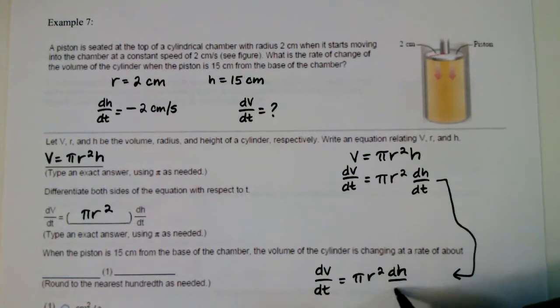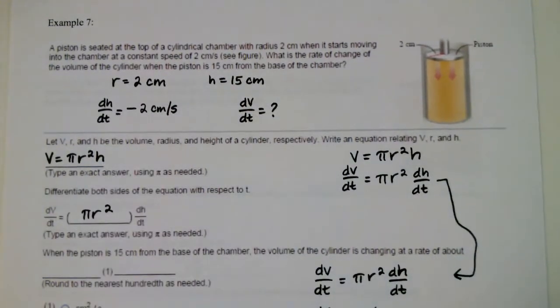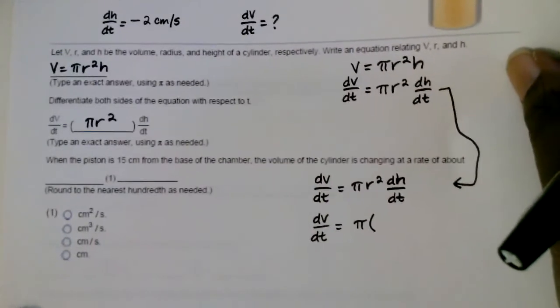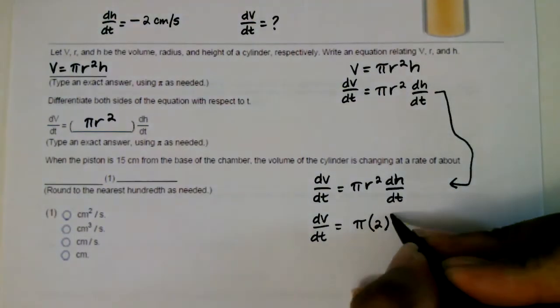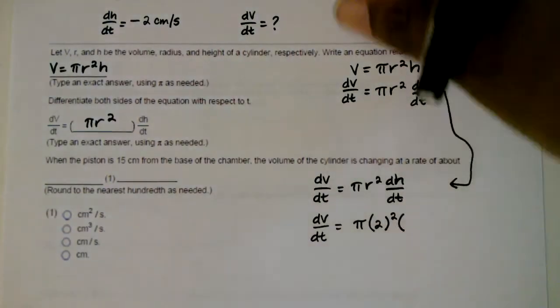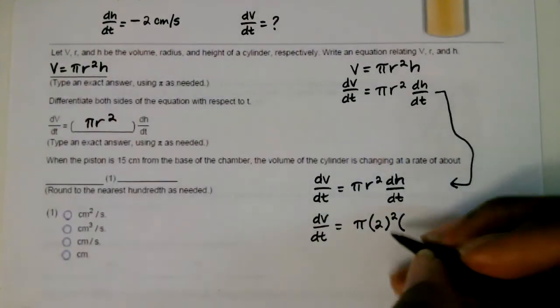It's dH/dt. So my dV/dt is what I'm trying to find. That's equal to pi times the radius, which was 2 centimeters, squared, times dH/dt. dH/dt was negative 2 centimeters per second.